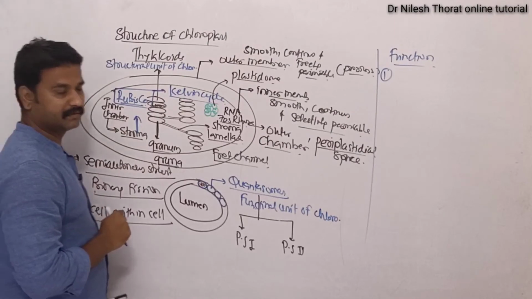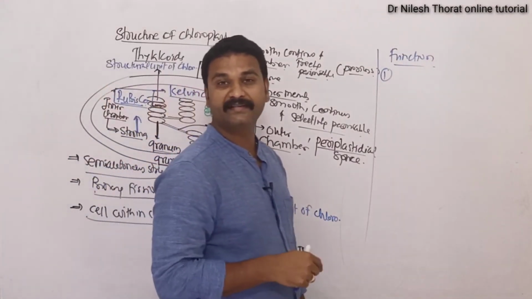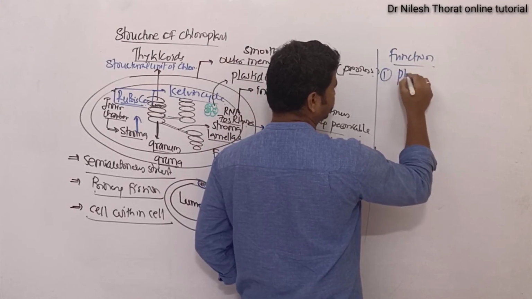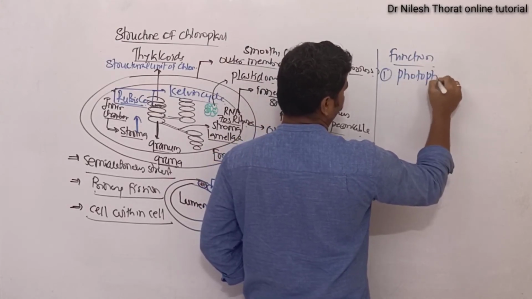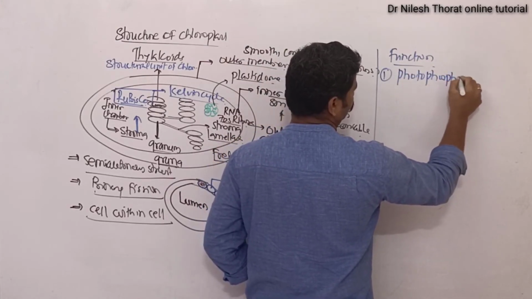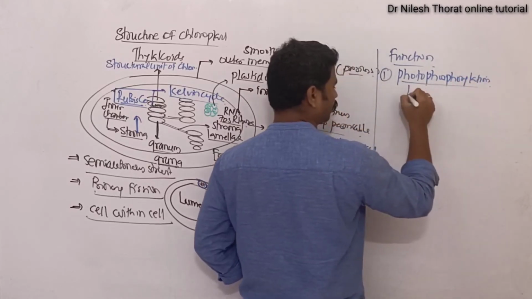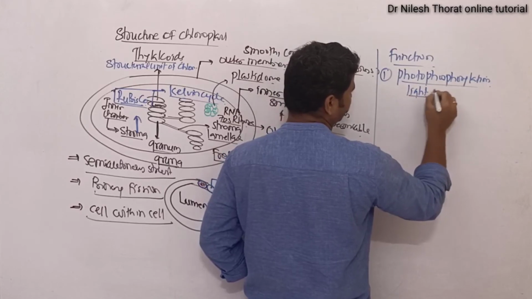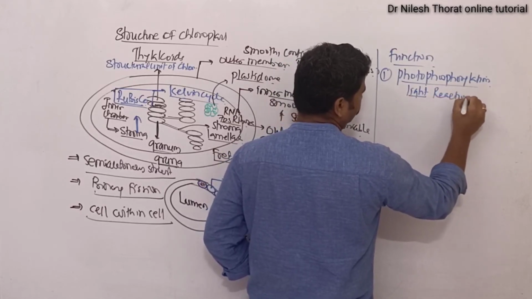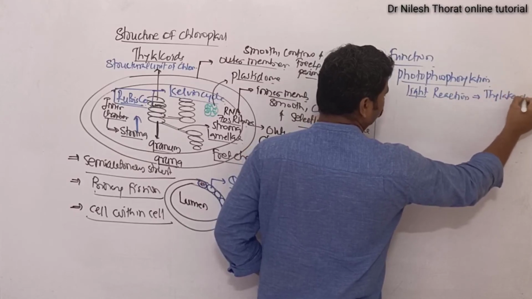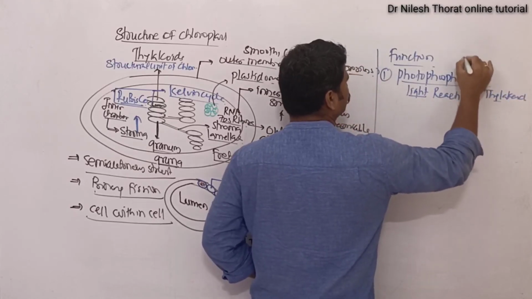ATP synthesis is also called light reaction or photophosphorylation, which takes place in the thylakoid and gives you ATP.